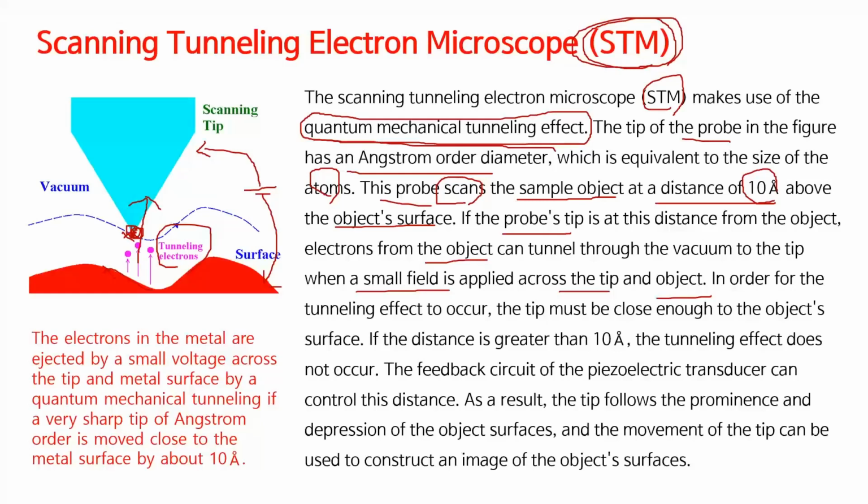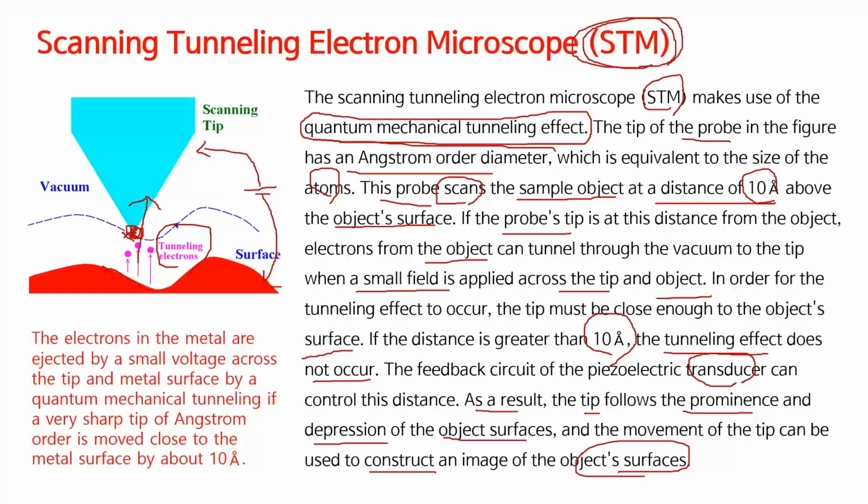So in order for the tunneling effects to occur, the tip must be close enough to the object surface. If the distance is greater than 10 angstrom, the tunneling effect does not occur. The feedback circuit of a piezoelectric transducer can control this distance. As a result, the tip follows the prominence and the depression of the object surfaces, and the movement of the tip can be used to construct an image of the object surface.